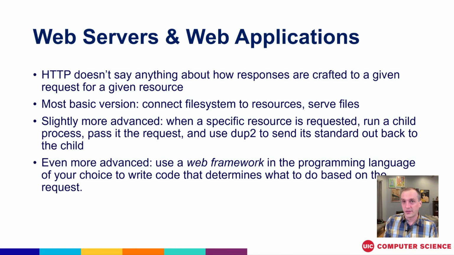The most common default things are to serve files out of a file system hierarchy. But a slightly more advanced version that you're going to be doing in Homework 5 is running a child process when a specifically formed type of request comes in.